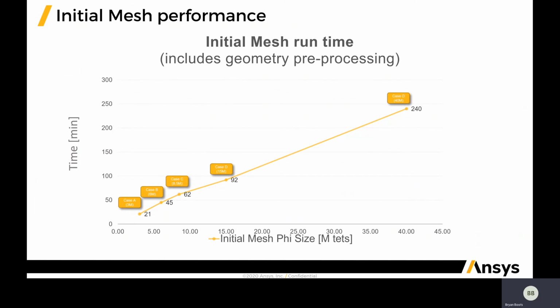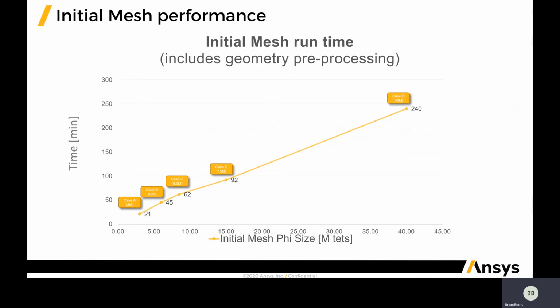From a scaling perspective, I really like this slide because it demonstrates that over an order of magnitude of complexity. So here we're plotting initial mesh size on the x-axis and the time to generate that initial mesh on the y-axis.